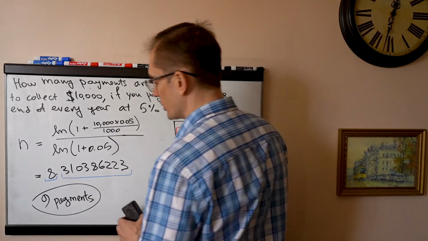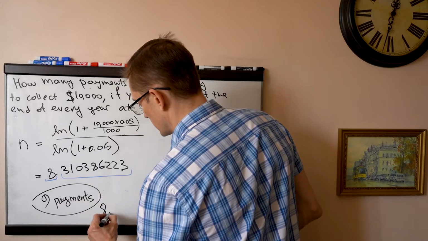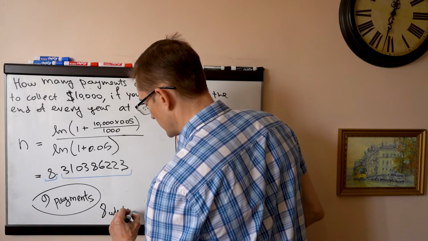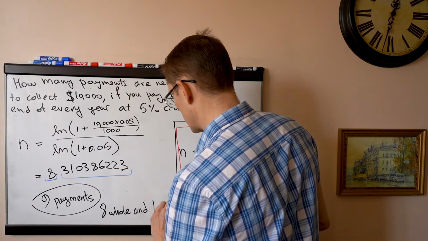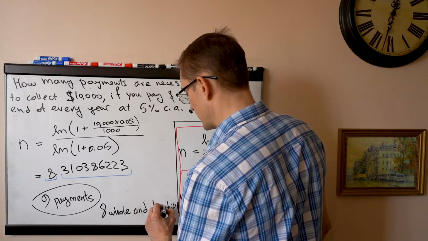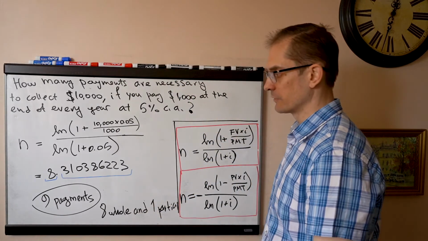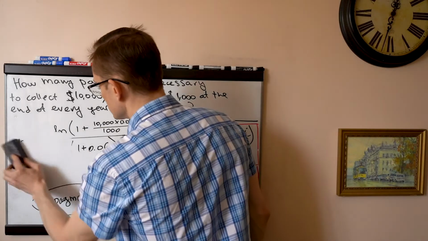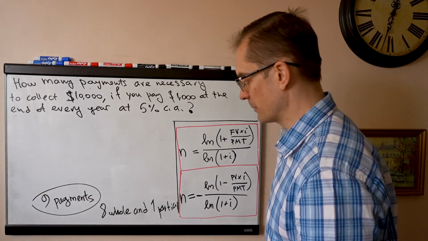So we remember that it's going to be 9 payments, which is 8 whole and 1 partial. That's based on our solution. Now let's investigate this partial part a little bit further. What does it mean to have 8 whole payments?